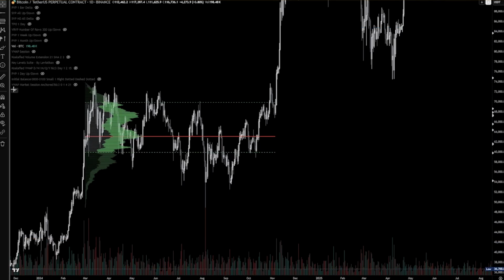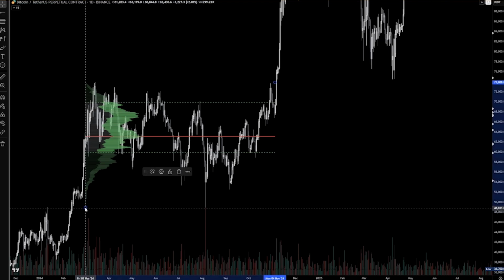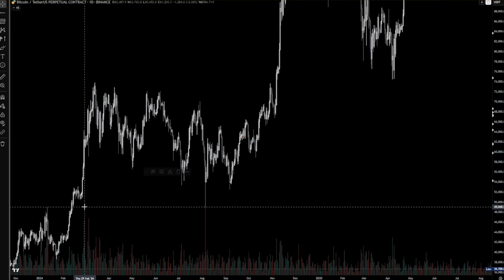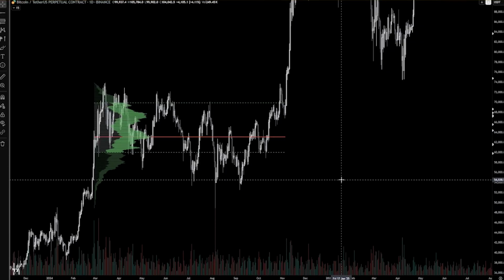From a range perspective, when you arrive, that's where I like to anchor my first candle on fixed ranges.